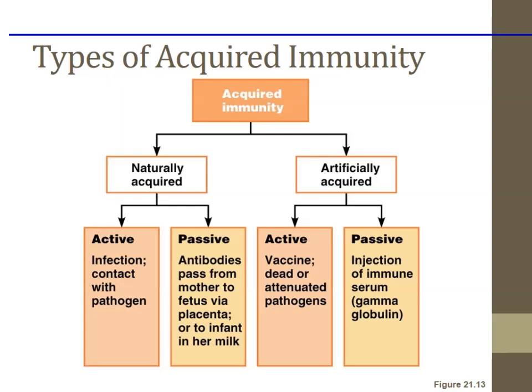Again, active passive is everything to do about you building antibodies or not. Active is building antibodies. Passive means you're not building antibodies. You're being given the antibodies, which would be in the plasma, by the way, the serum. It's not on the red blood cell. This is the serum. This is the plasma.